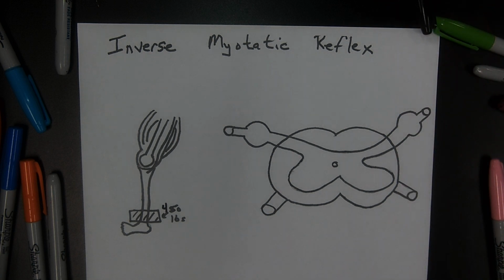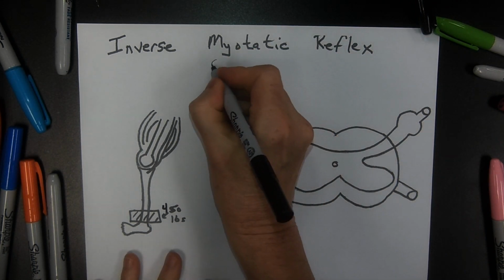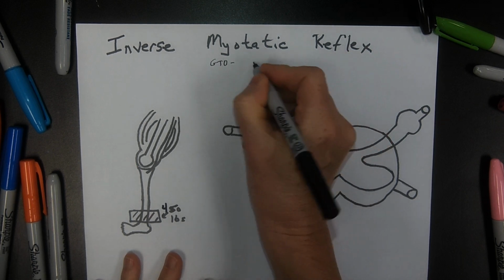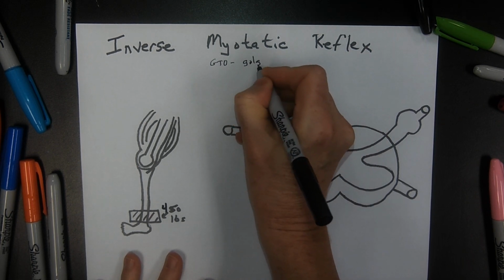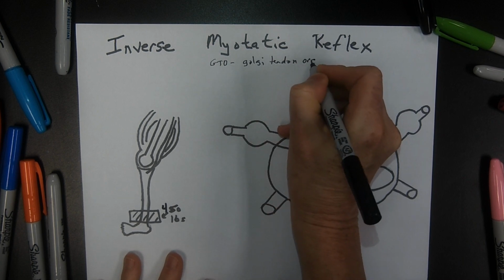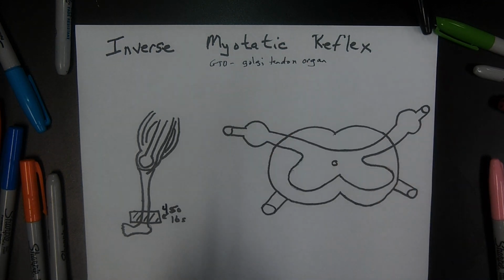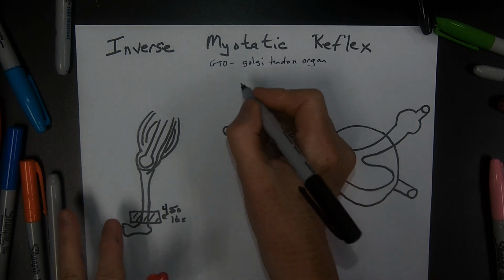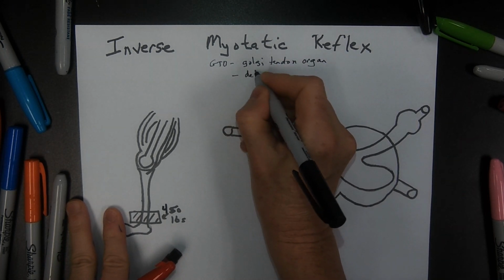Does anybody know what detects the tension on the muscle? The GTO. Yeah, the GTO. So this is going to be your GTO, which is also called your Golgi tendon organ. Okay, your GTO detects muscle tension.